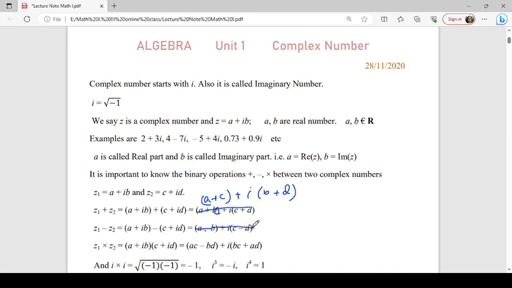Similarly, this is also a minus c, then plus i times b minus d.